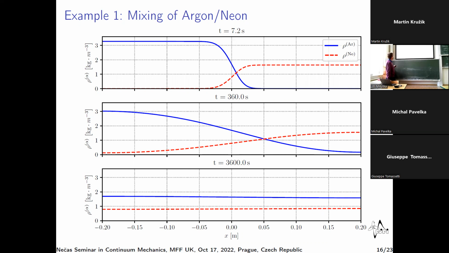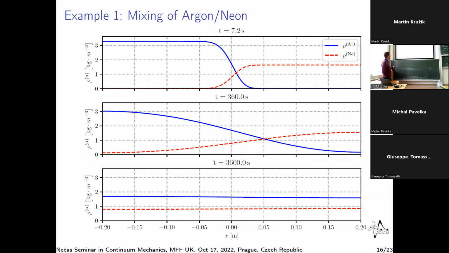After 7 seconds, you can see the density profiles in space. This is after 7 seconds, 10 minutes, and this is 1 hour. So basically, you can see the mixing as you would expect from binary diffusion, but this is described by a hyperbolic system because these are ideal gases.